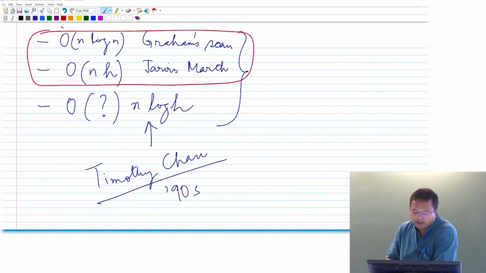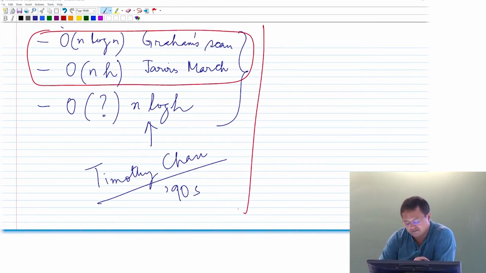Okay. But before going there, let us look at a very basic thing which follows from your higher secondary days.